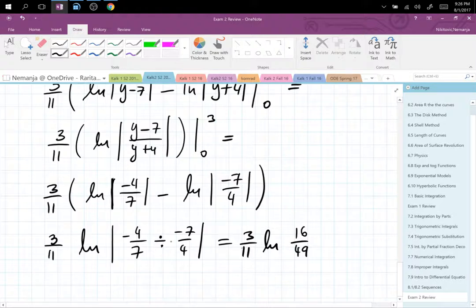When you're dividing fractions, you multiply by the flip, right? So negative 4 times 4 is negative 16 over negative 49, and then negatives cancel. So 3 over 11 ln of 16 over 49.